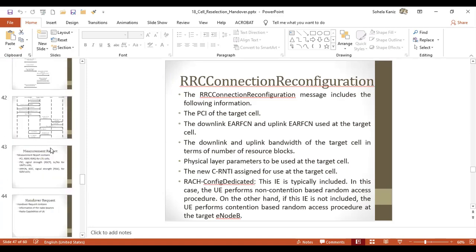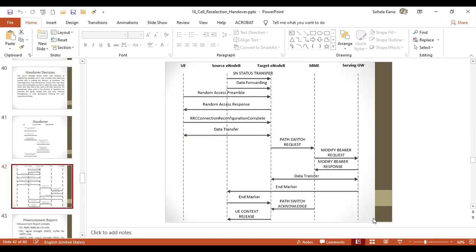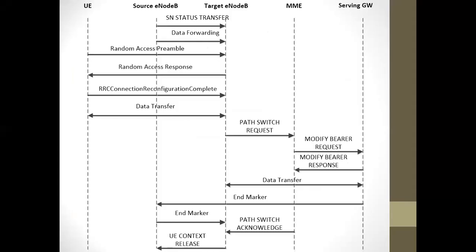When we show this figure, see that it says sequence number status transfer. The RLC layer and MAC layers are reset at handover. So at the source eNB, if you have some RLC blocks left, they're flushed.